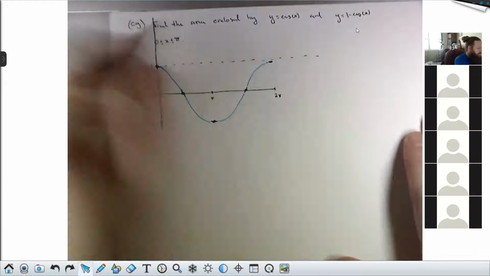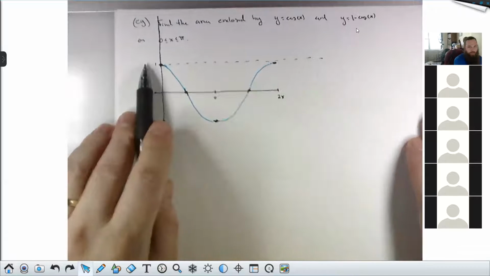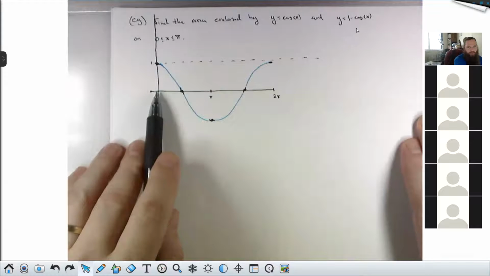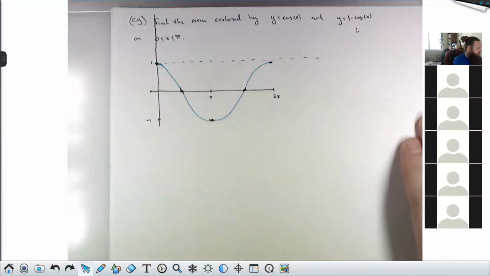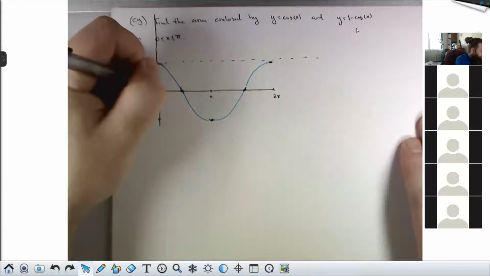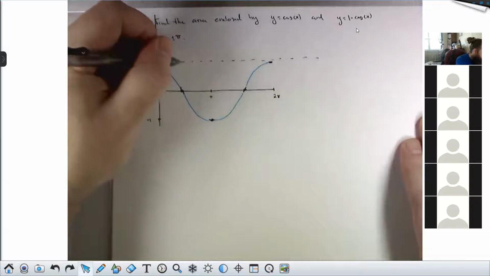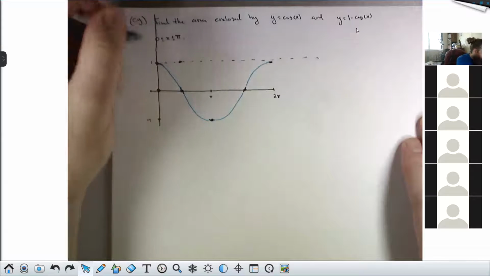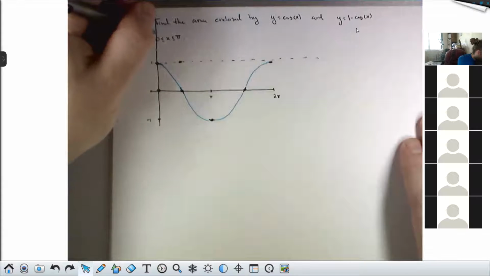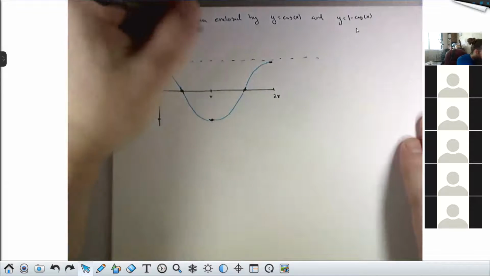I'm going to treat this dotted line as my new equilibrium, or like horizontal axis. And I'm going to draw a flipped over cosine. So that means I start out down from equilibrium by 1. I go through the equilibrium at pi over 2, and then I'll go up as high as 2 when we get to pi.